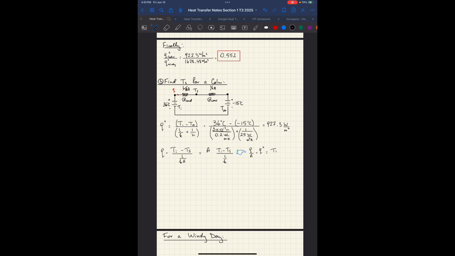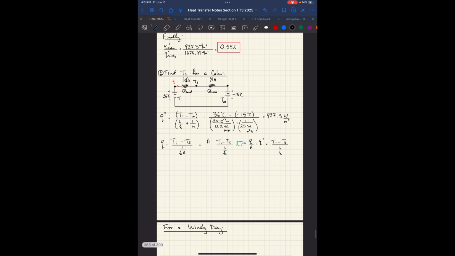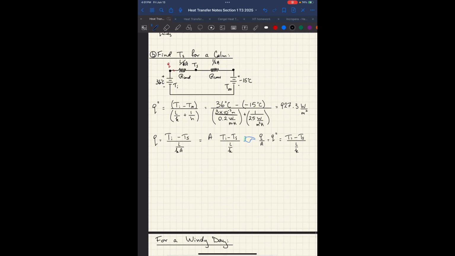And that's going to be your Ti minus Ts over L over K. So now we can find Ts. So Ts is going to be Q double prime times L over K.